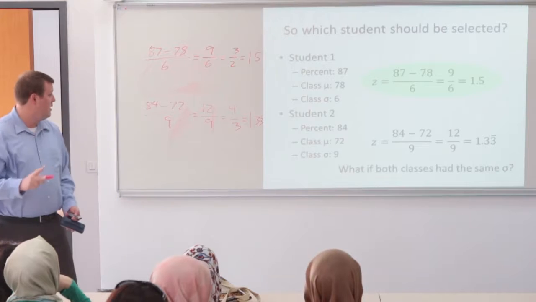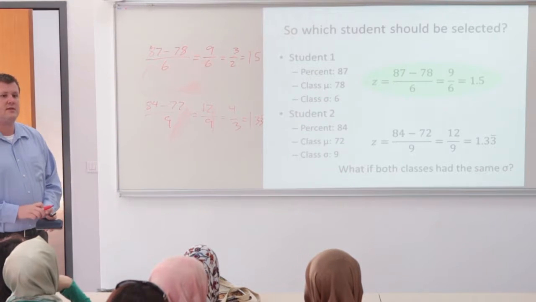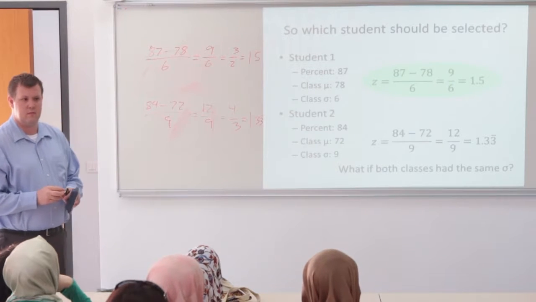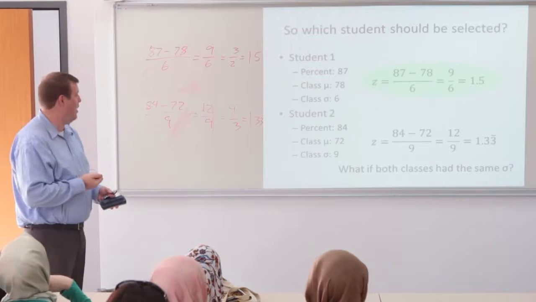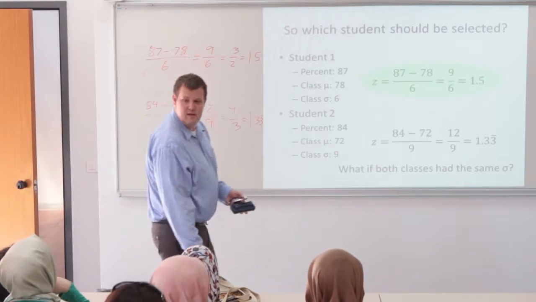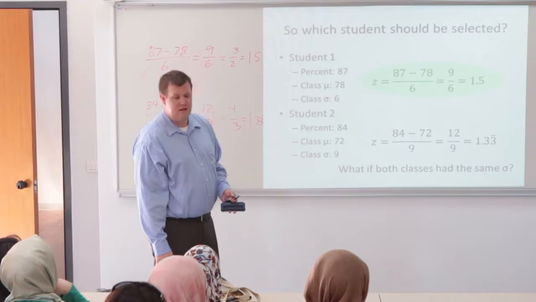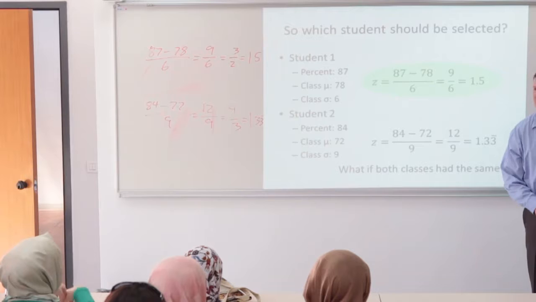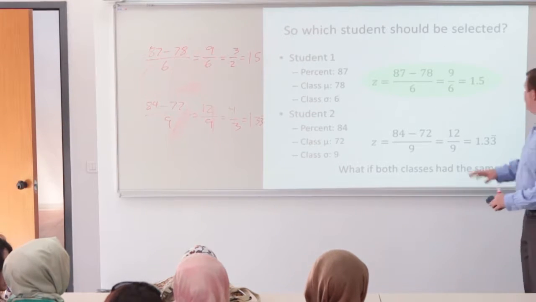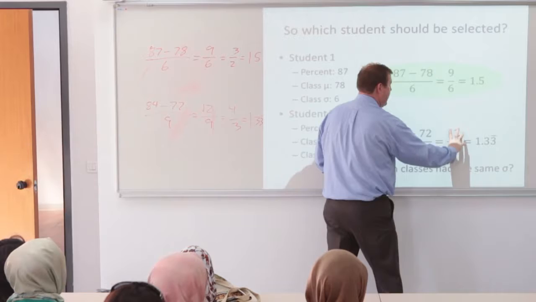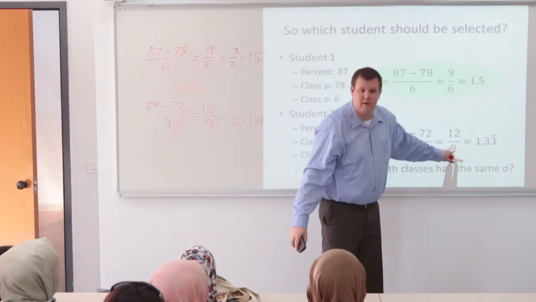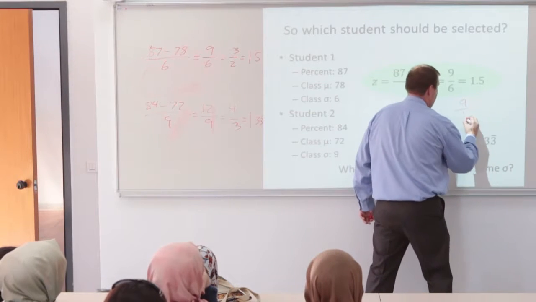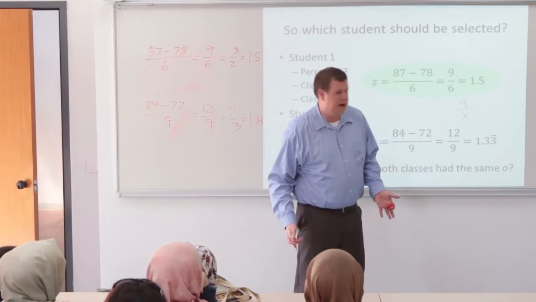Here's a different question. What if both classes had the same standard deviation? Second one, why? The upper one is higher. I'm not sure I understood. Now, instead, let's look at this last term here, okay? 9/6, 12/9. If these are both the same thing, we would have something like 9/whatever it is, right?